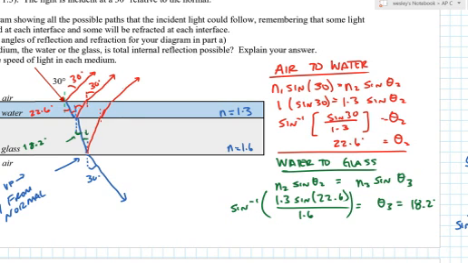So that's 18.2 degrees. The reflected angle has to be 18.2 degrees. Then when we go back into the water, between water and glass, it's always going to be 18.2 and 22.6. So this is 22.6. And then that comes out to be 30 degrees. And so we're done. That was a lot. Now that's not hard, that just takes some time.